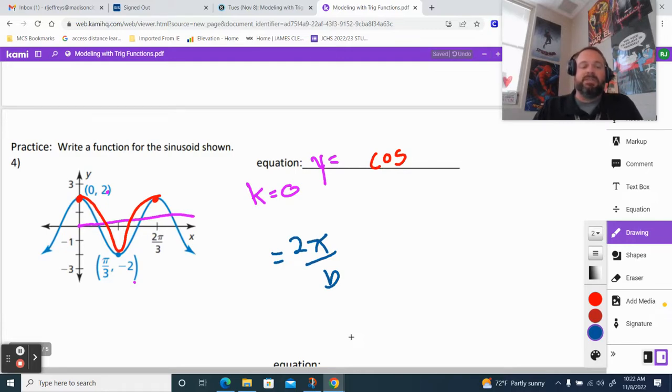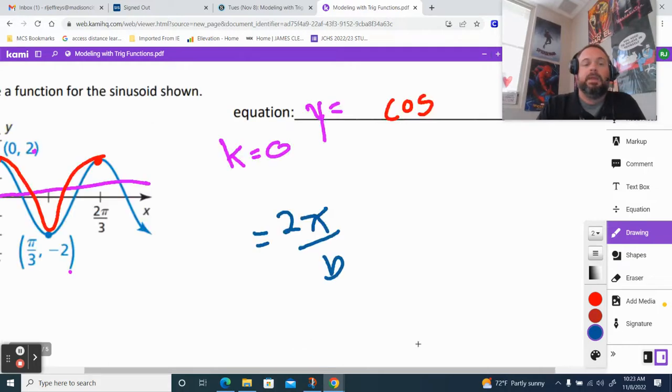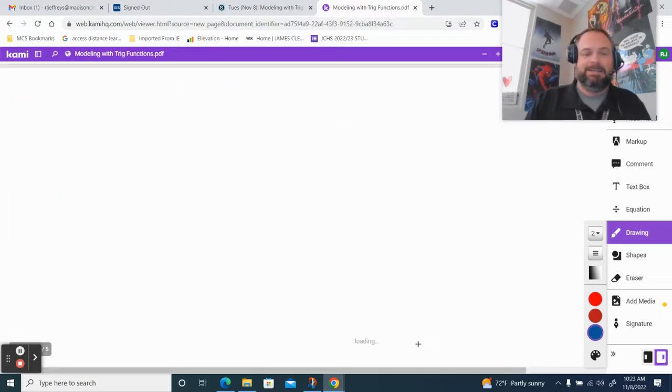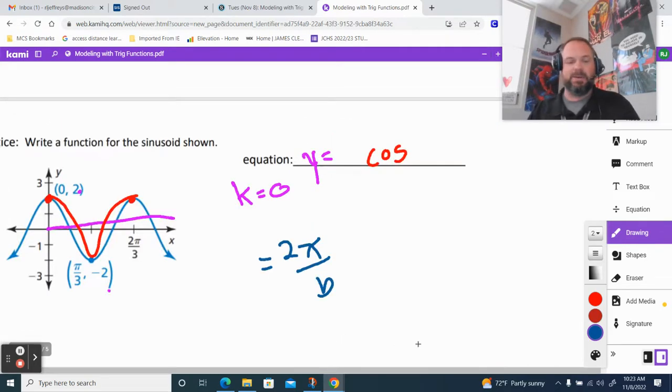It goes from 0 to what? 2 pi over 3. Yes! So I set it up. I don't know why it's making me write crooked today.